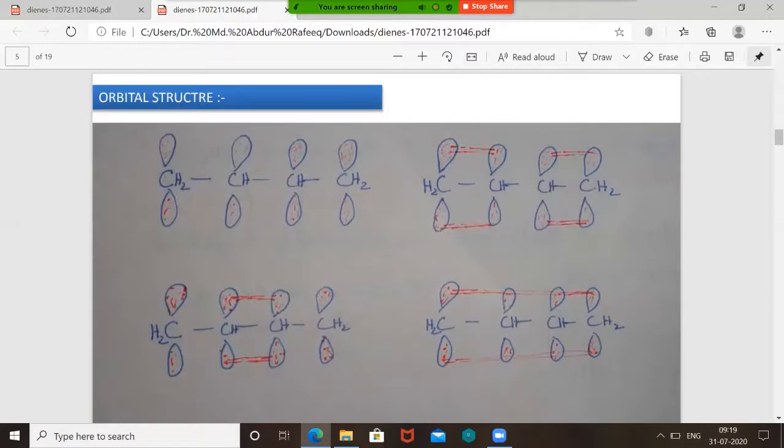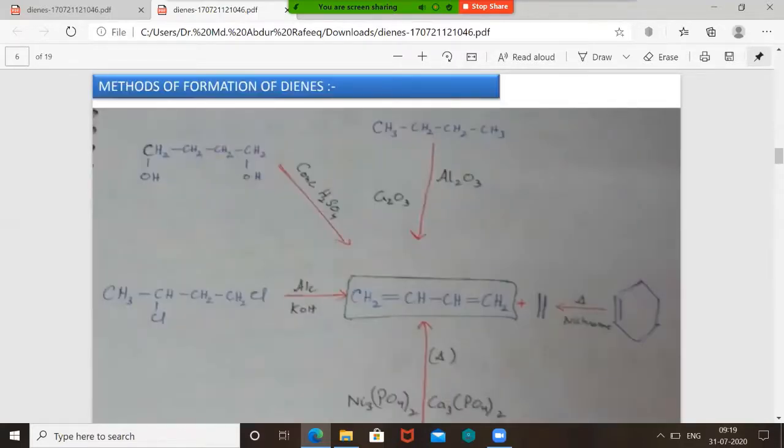Now the pi bond extends over the chain of this compound. So 1,3-butadiene has these resonance structures, and because of the pi electron cloud spread over and below the chain, it makes the conjugated diene, 1,3-butadiene, stable.